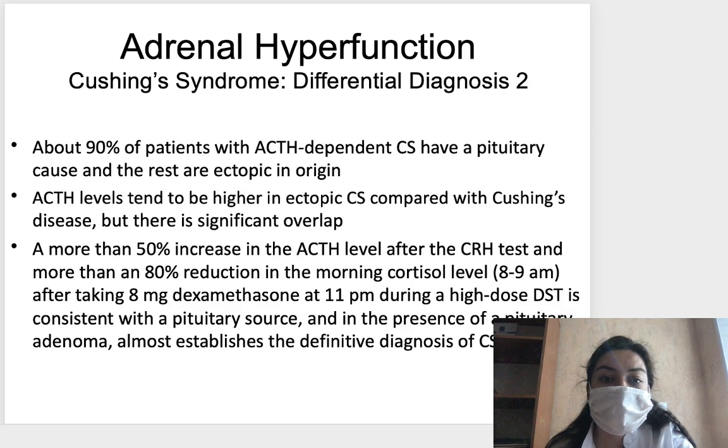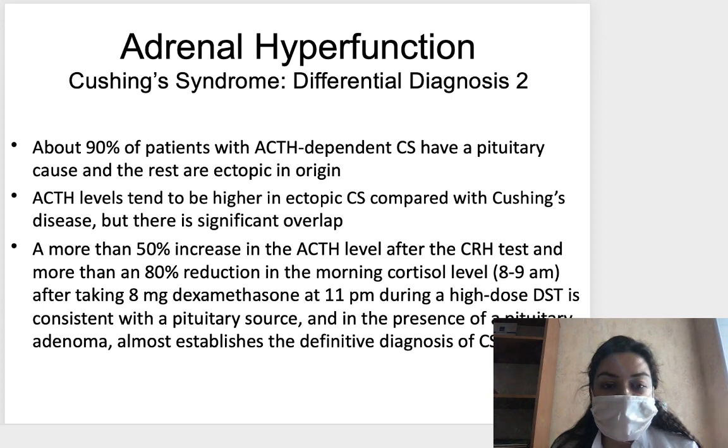About 90% of patients with ACTH-dependent Cushing's syndrome have a pituitary cause, and the rest are ectopic in origin. You should remember that tumors can be ectopic. ACTH level tends to be higher in ectopic Cushing's syndrome compared with Cushing's disease, but there is significant overlap.